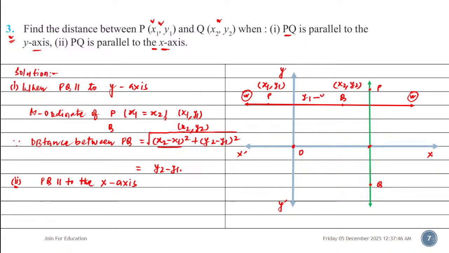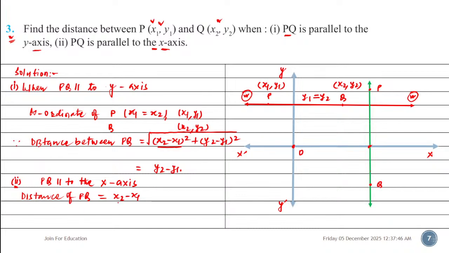In this case, y1 equal to y2. So y1 minus y2 or y2 minus y1 will be 0. So we directly write down here the distance PQ will be what? This part will be 0. Then we directly write down here x2 minus x1.